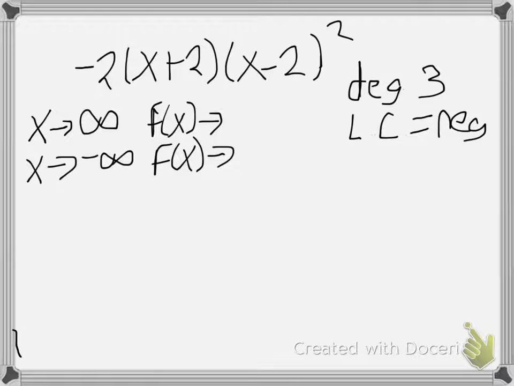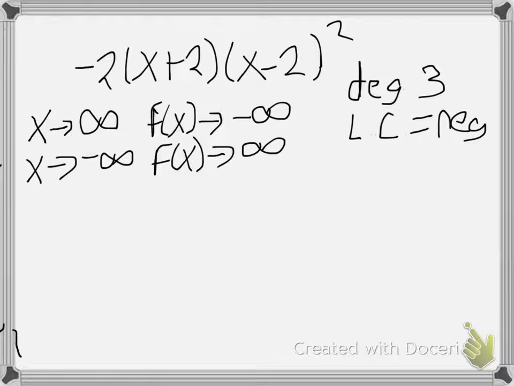If I have an odd degree, the f of x's should be different. And if the leading coefficient is negative, then I should have negative infinity and positive infinity. And that's just something that the more you do it, the easier it gets.